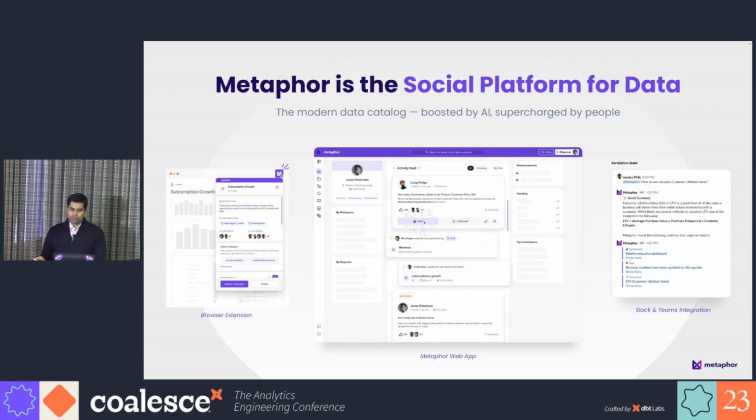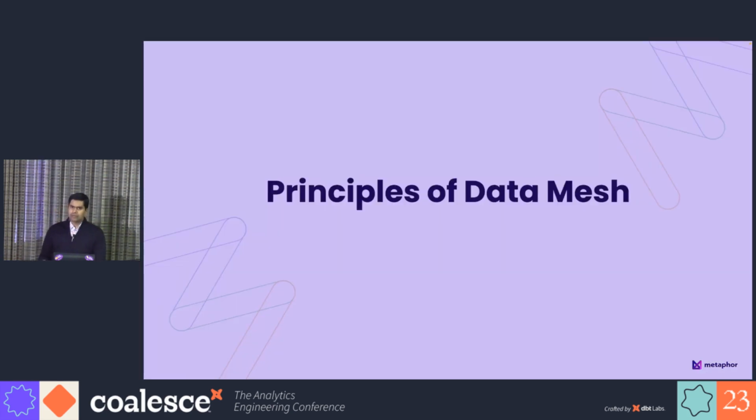This talk is a lot more about the data mesh aspect, so without much ado, let me jump into those things. For people who are not familiar with data mesh, this is a concept which became much more popular in the last 3 or 4 years.